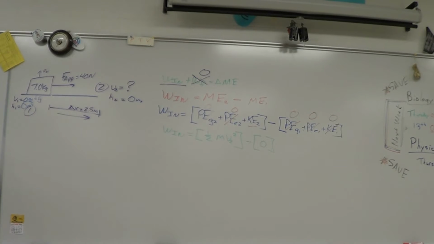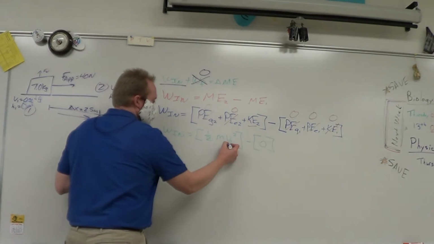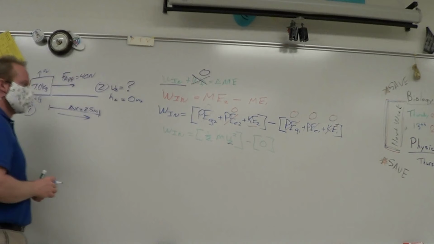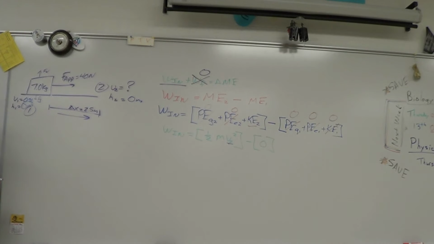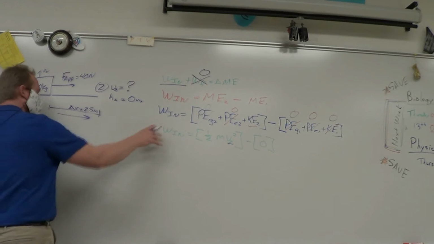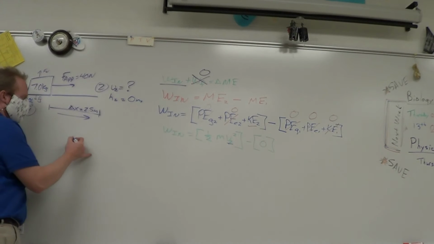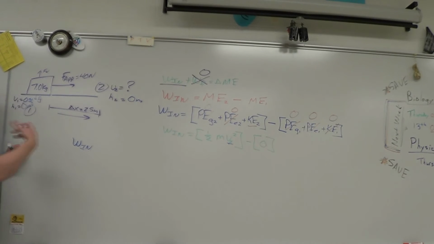What we're solving for in this problem is right here. There's one more thing we need to determine before I plug numbers in, and it's that work in number. If we wanted to, we could substitute that equation in. I just like to keep work in and work done by friction separate if possible. Sometimes I put it in there, but I generally calculate it first, then put a value in.